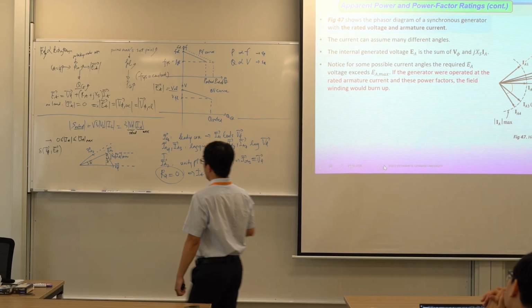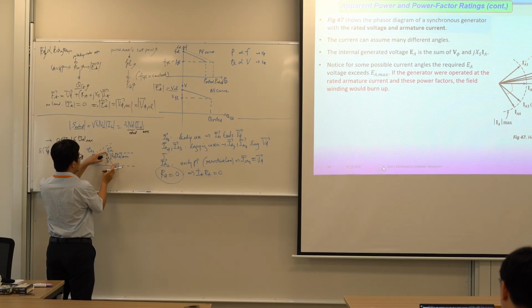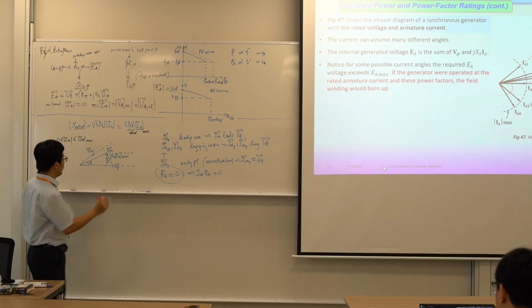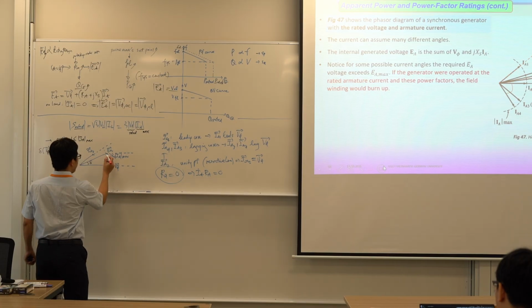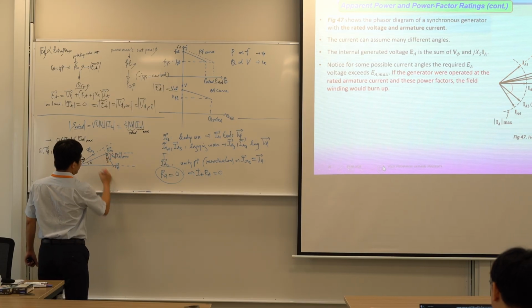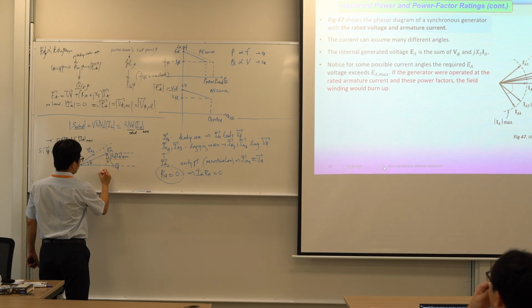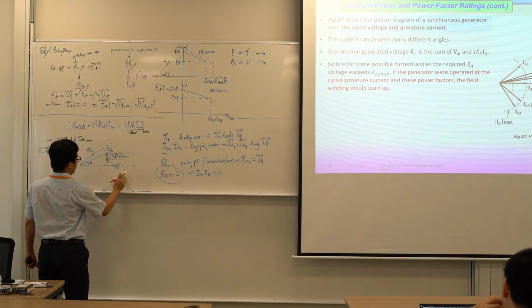So if IA max, you get this as the maximum. We draw the circle like this, because this is the radius of the circle.